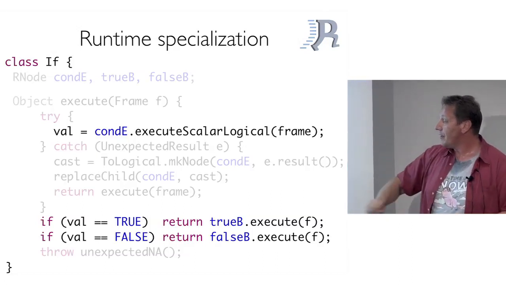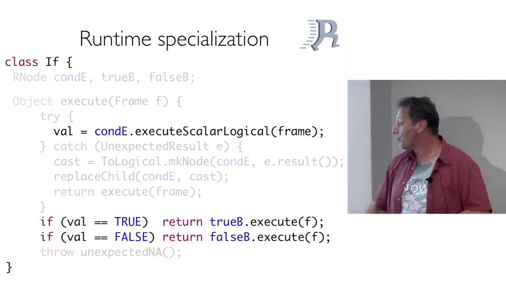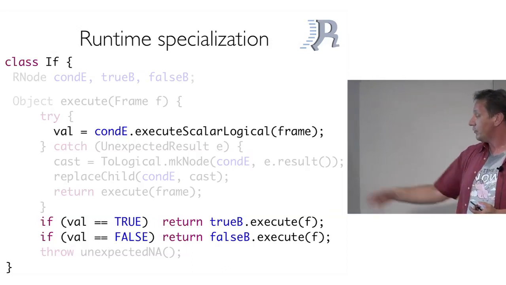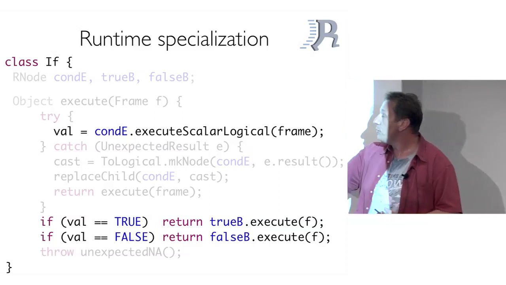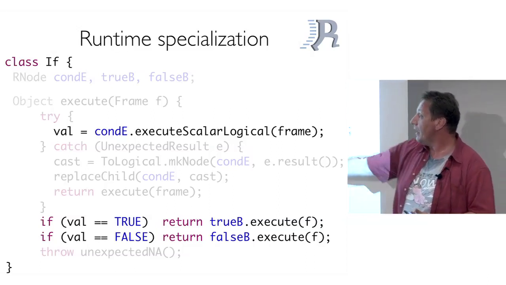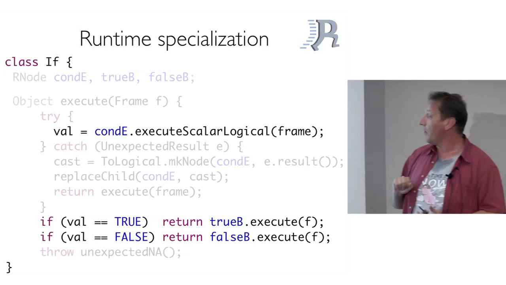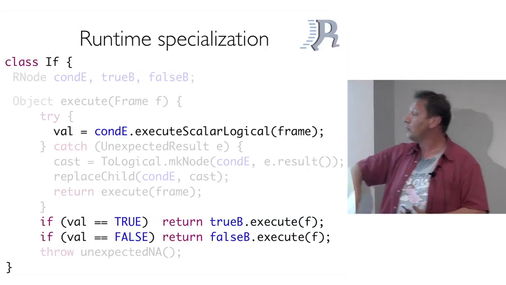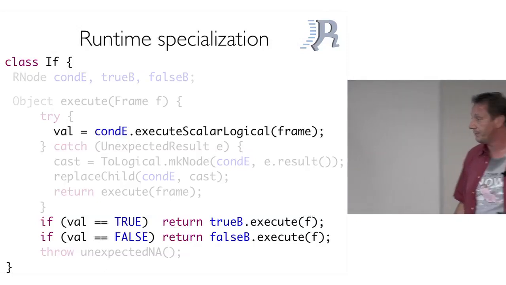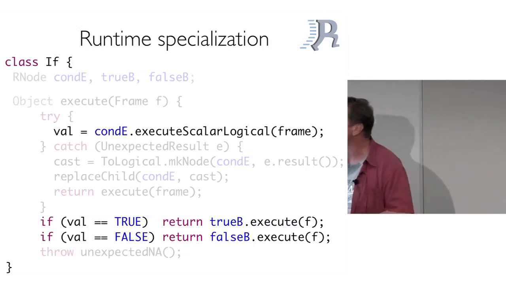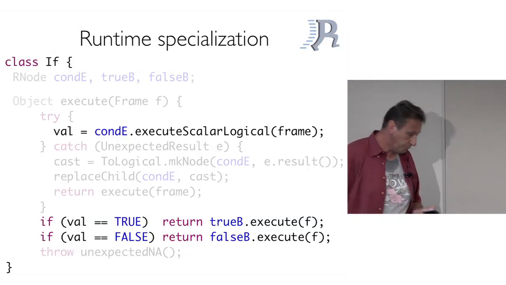If it does, then you can go for true or false and evaluate the true and false branches. If that fails, you will get an exception, and then you have a catch block that will rewrite this node to a more generic node that will handle anything and perform conversion. Simple. That's the general approach.